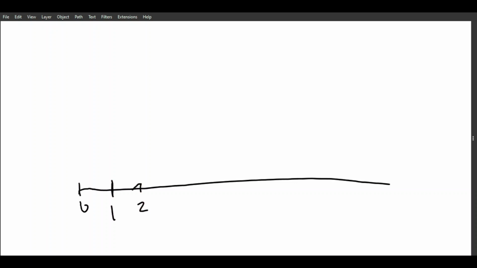So suppose we make a timeline like this: 0, 1, 2, 3, 4, 5, 6, 7, 8, 9, 10, 11 and so on.